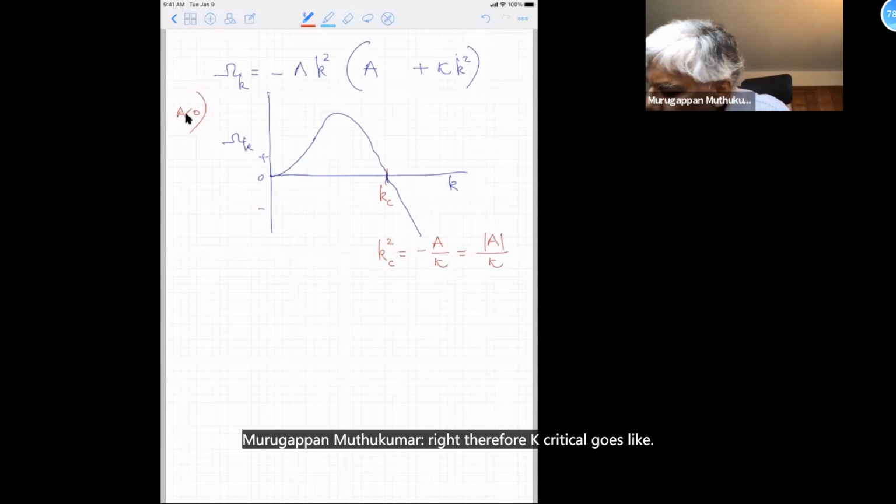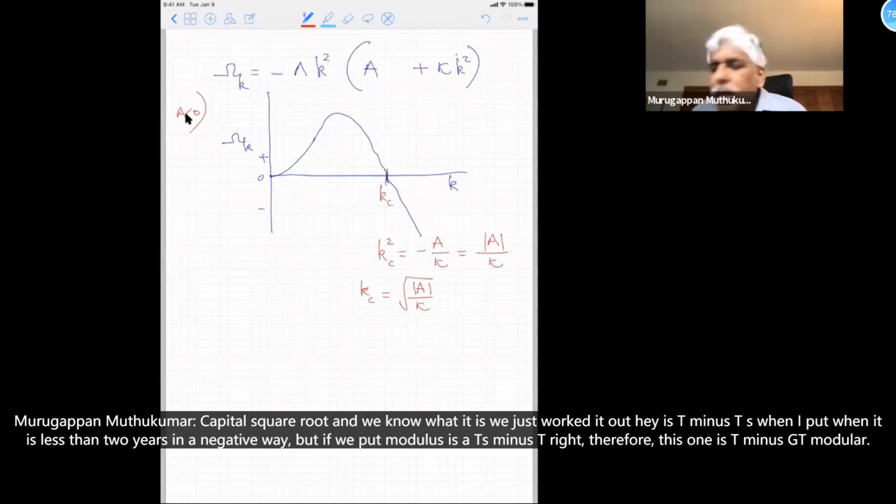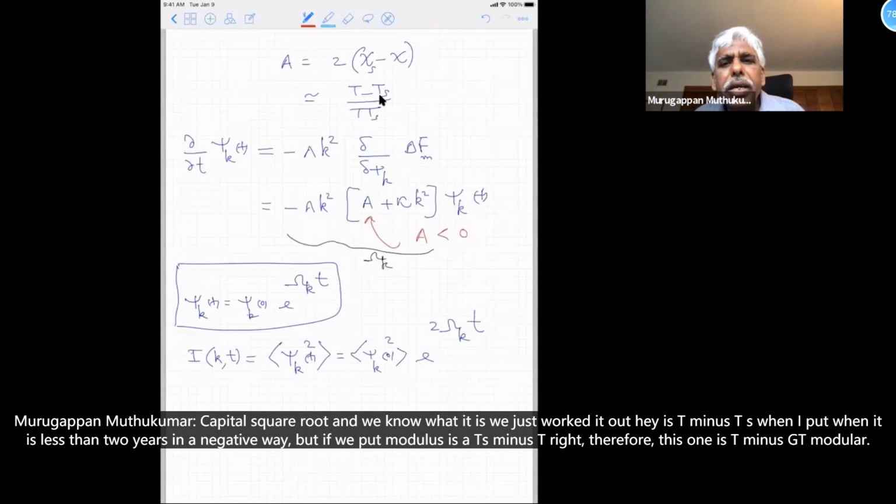Therefore, k critical goes like the square root of modulus a by kappa, and we know what a is. We just worked it out. A is T minus Ts.